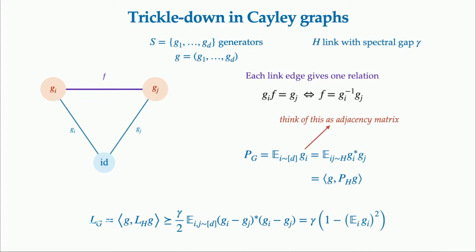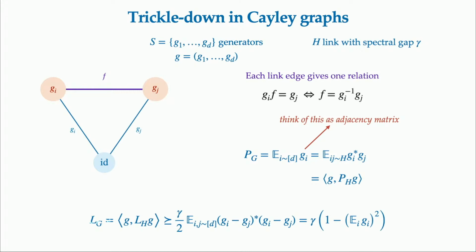Okay, so now I want to take this equality that we proved, that you can write the random walk matrix of your graph as this formal quadratic form using the link's random walk matrix. And I want to just say what this is in the Laplacian world.